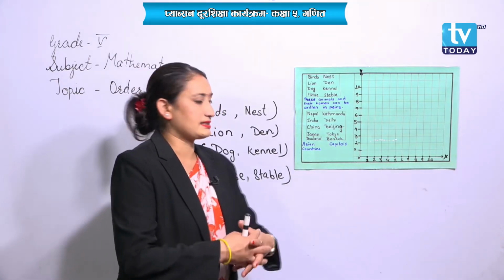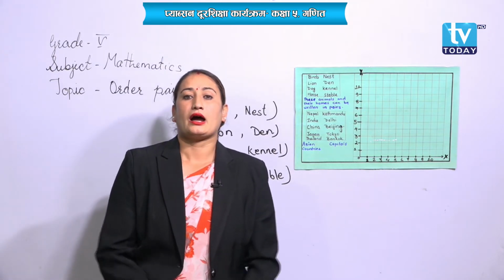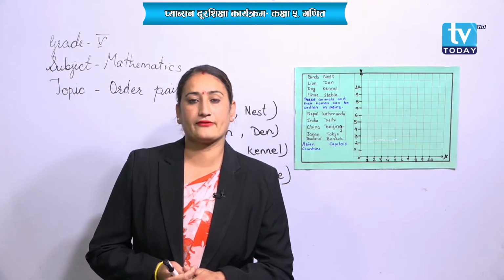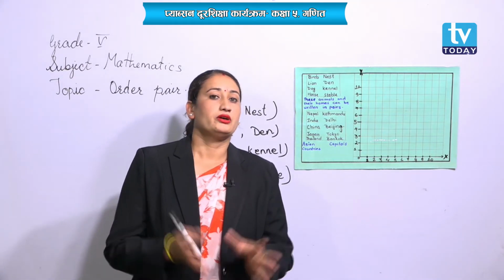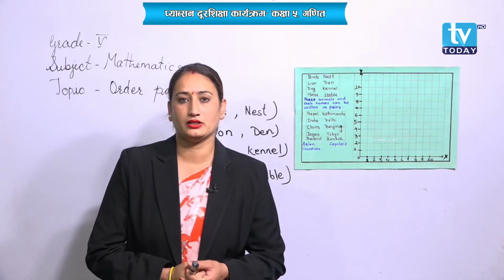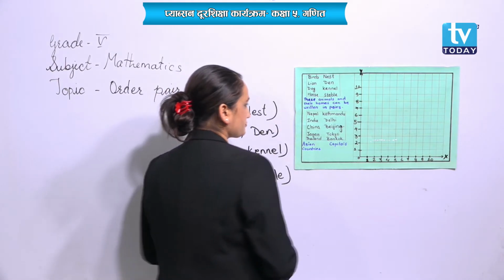So students, now first, how to write the ordered points? Let's have a look. I will provide you 4 different points over here. Are you ready? What are they? Let's have a look.